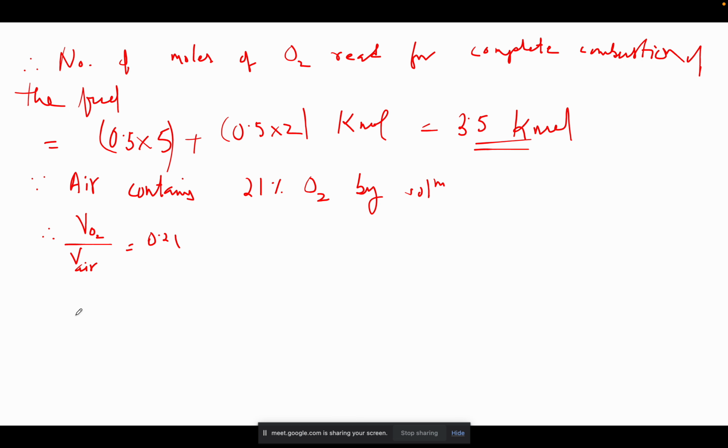We also know that the mole fraction of the ith component is proportional to the volume fraction of that same component.